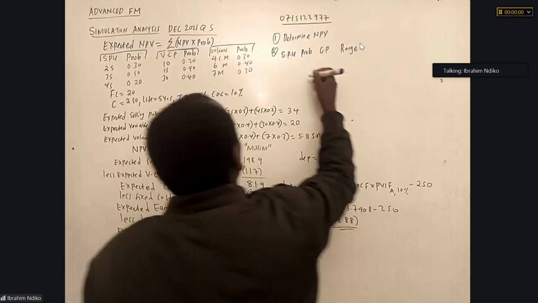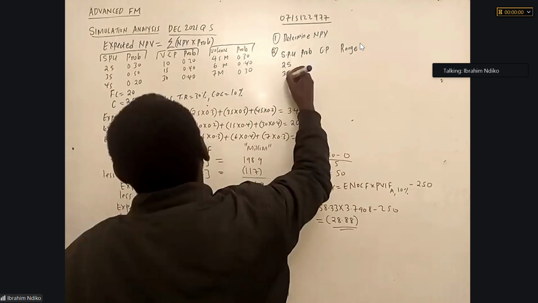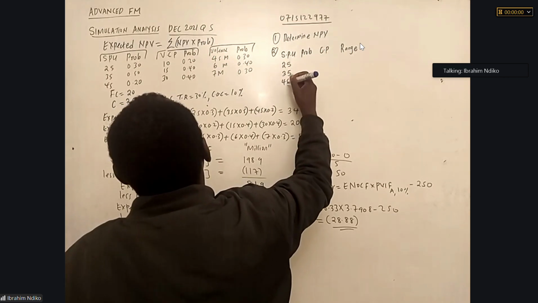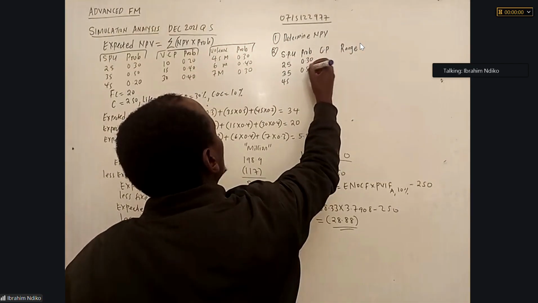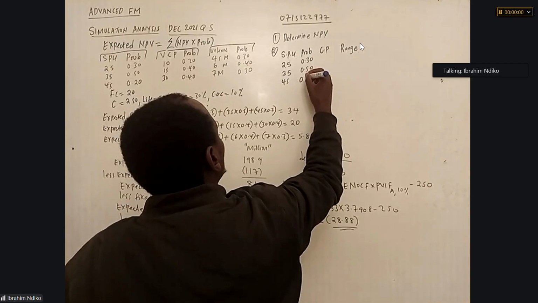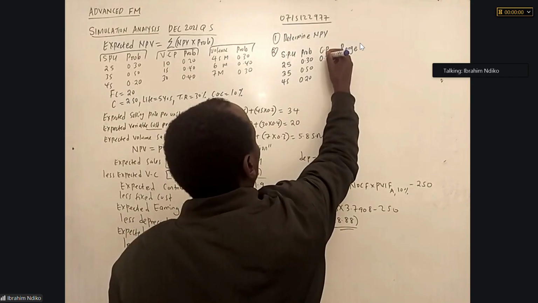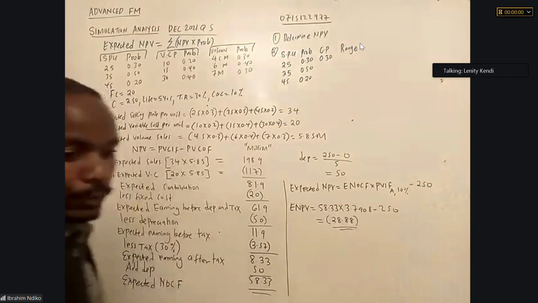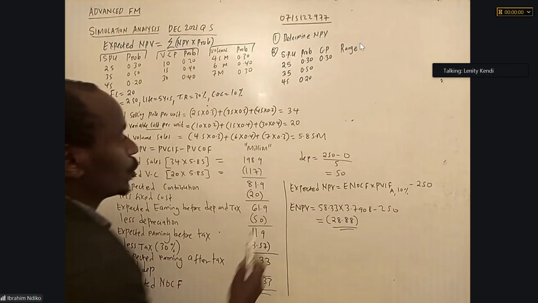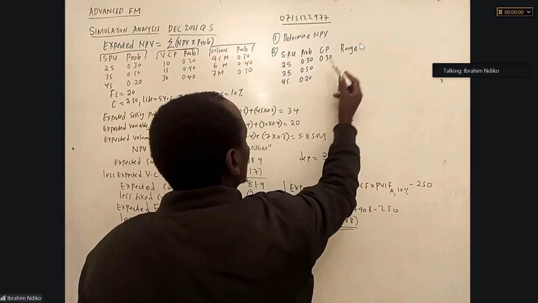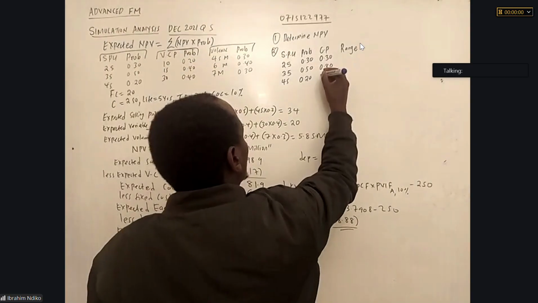Tunasema 35 na 45. 0.30, 0.50, 0.20. Cumulative. So the first one inakuwa the same for cumulative. Sivyo? Plus inakuwa 0.8, and then 1.00.